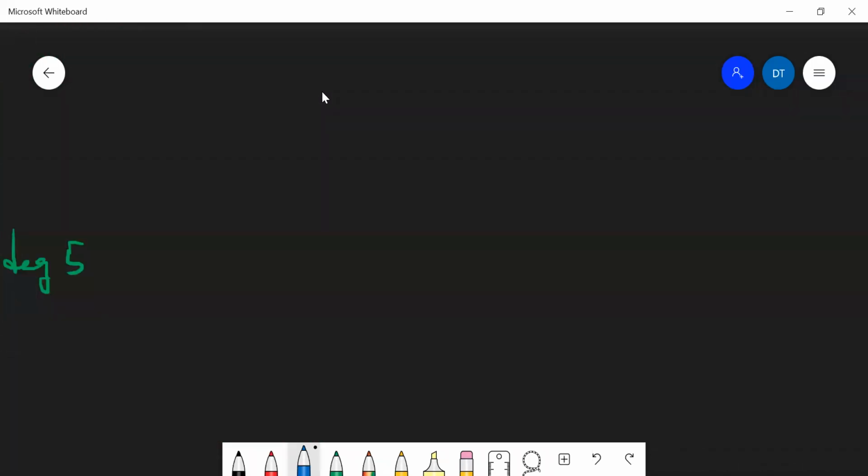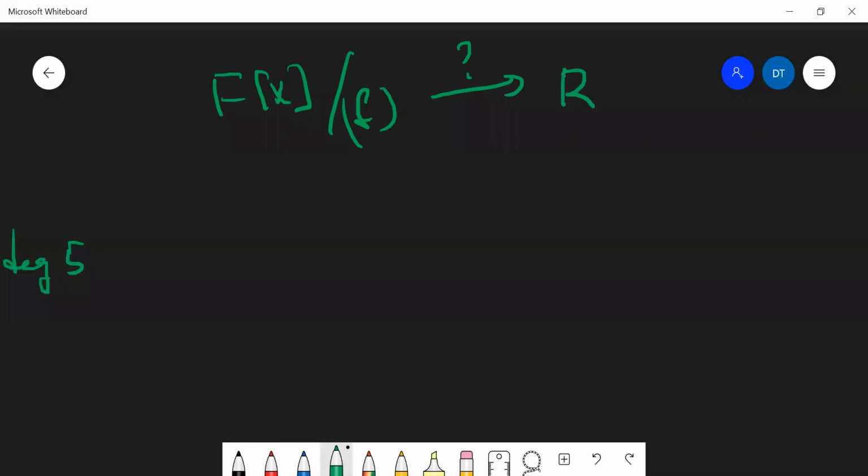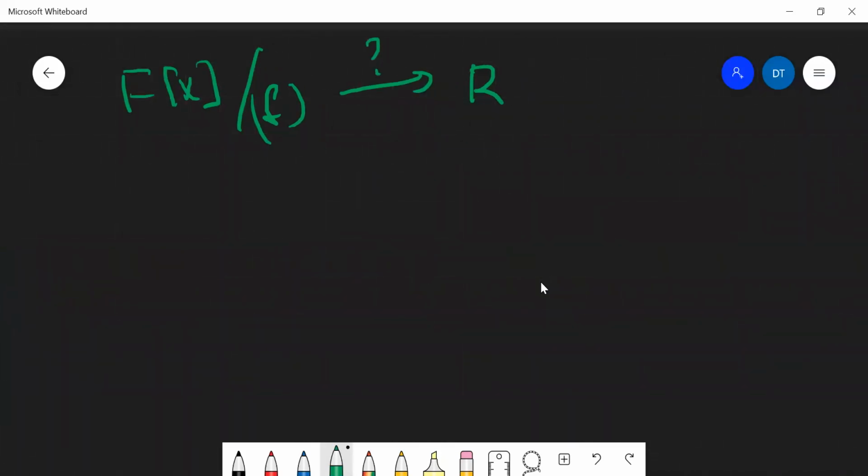I want to discuss homomorphisms. So we have this ring, F[x] quotient by f. And I want to compute homomorphisms from this ring to a different ring. So this is the general problem, but let me formulate it more precisely.